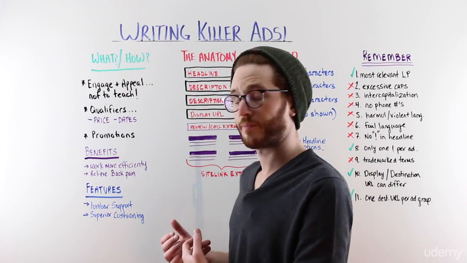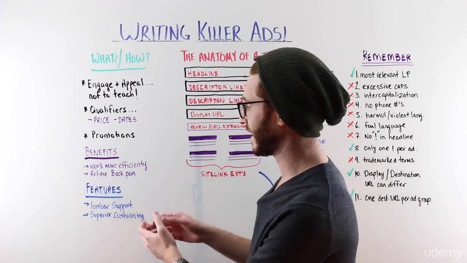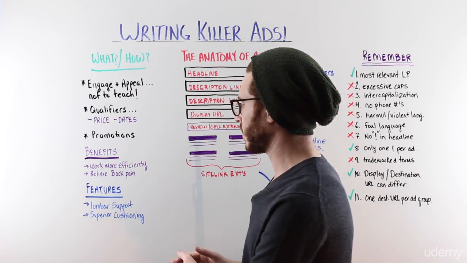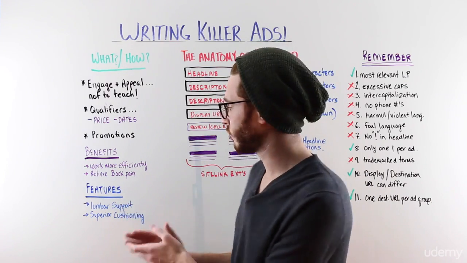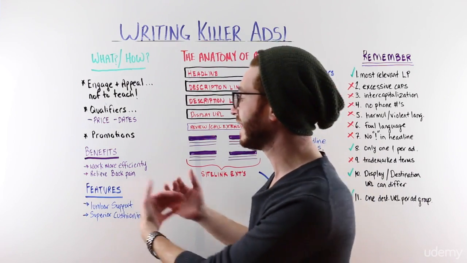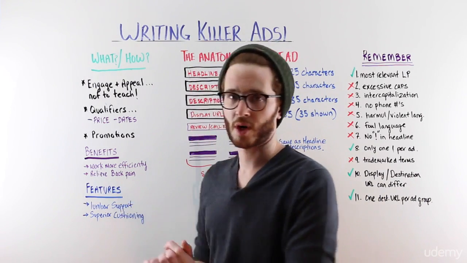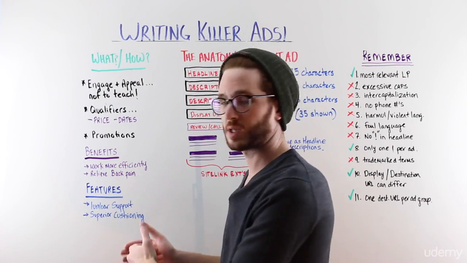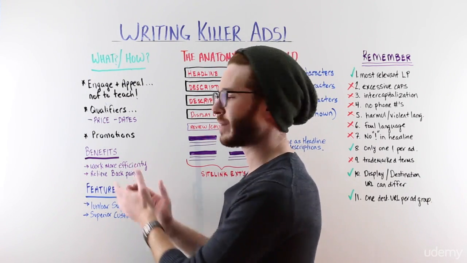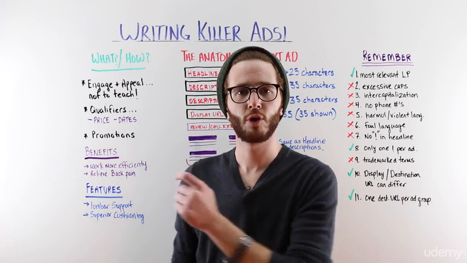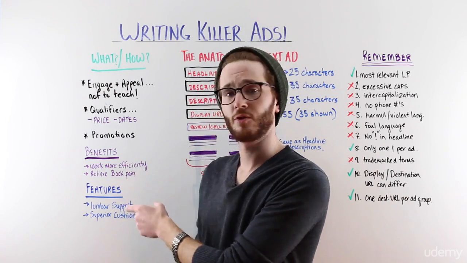For example, for Poppin, we might say a feature could be we have incredible lumbar support. We have superior cushioning. The superior cushioning is what relieves your back pain. The lumbar support is what contributes to working more efficiently. These features are the antecedents of the benefits, but when you're writing an ad, human beings relate more to benefits than they do to features.